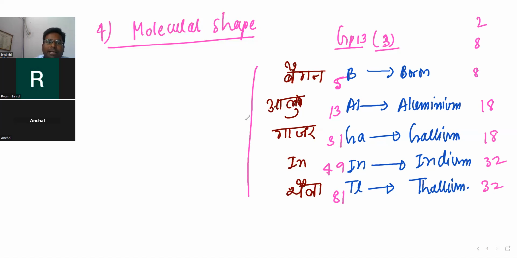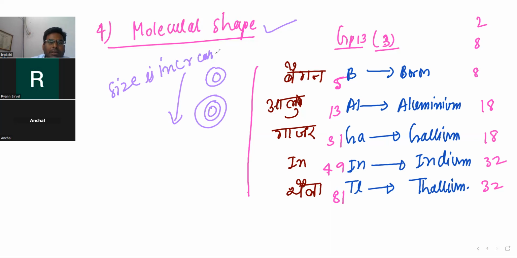So we are talking about the molecular shape. What will be the effect on the molecular shape? Its size increases. For boron, it will be 2 orbits only. For aluminum, 3 orbits, like that. So its size increases and the shape will be spherical for the element only. Size is increasing down the group.